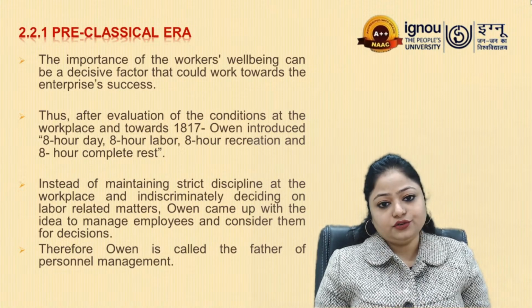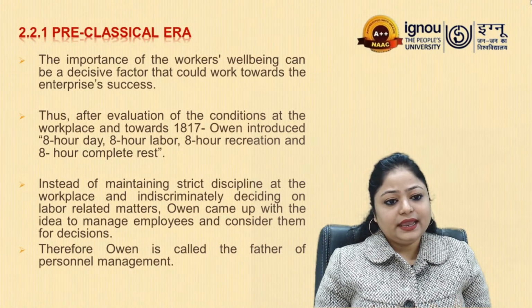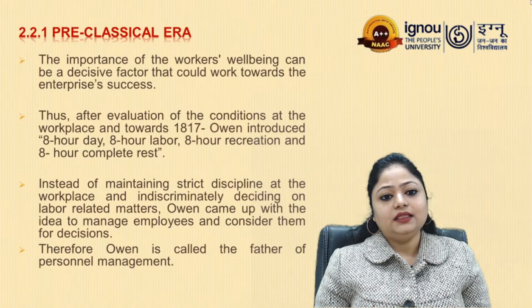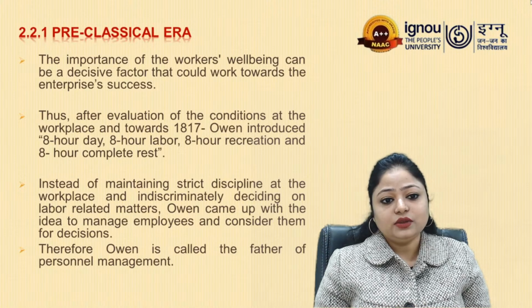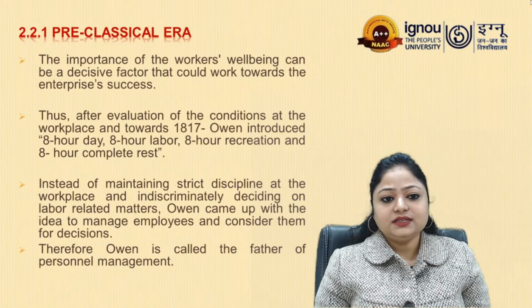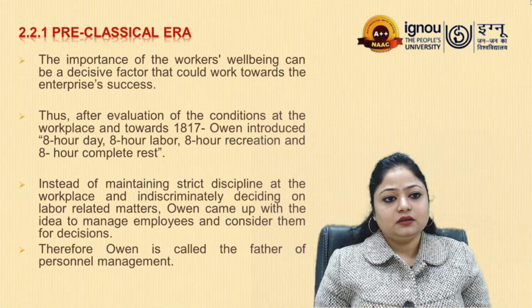Thus, after evolution of the conditions at the workplace, towards 1817, Owen introduced the 8-hour rule, that is 8-hour day, 8-hour labor, 8-hour recreation, and 8-hour complete rest. So, in this way, he decided what an ideal work hour should be.